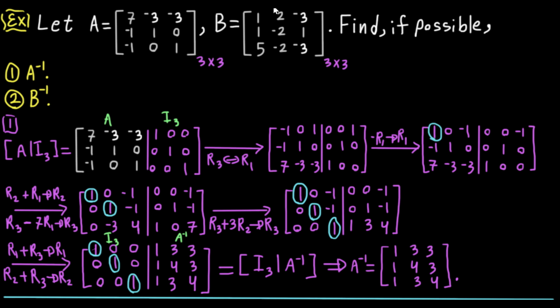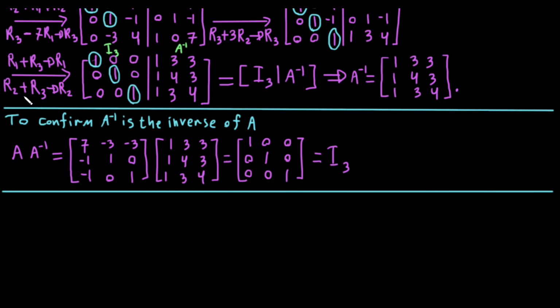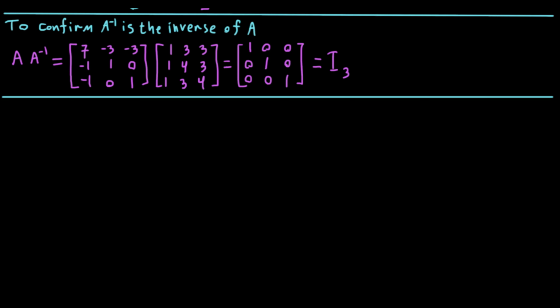Now let's copy this matrix. So we will find the B inverse now. Now we want to solve number 2. We want to find B inverse. So we write here B, and here we put a line, and here we put 3 because B is a 3 by 3 matrix.